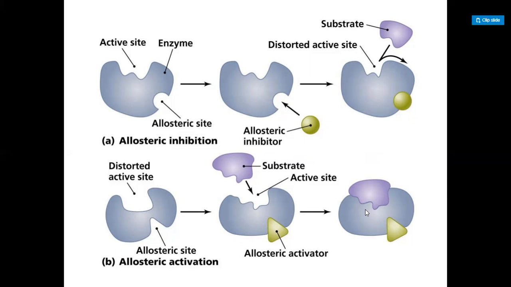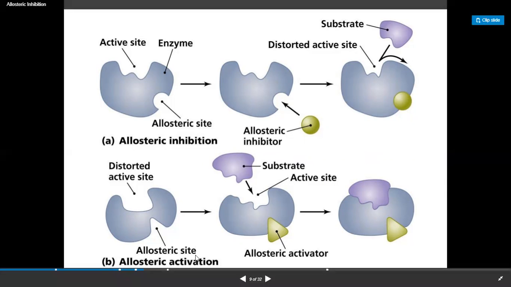So there is allosteric inhibition and allosteric activation, and both functions are conducted by allosteric enzymes because they have two sites. One site is for the substrate and one site is for an inhibitor or activator.